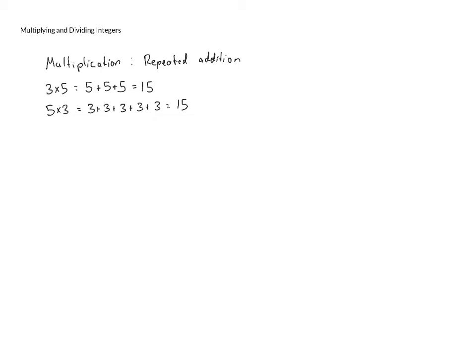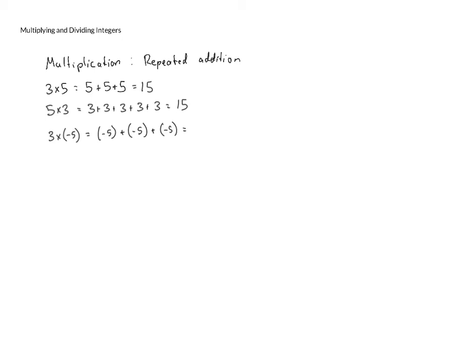Now what I want to do is use this definition to explore what happens when we have negative numbers. Let's look at 3 times negative 5. Here we have a positive times a negative. What this means is the number negative 5 being added 3 times. So this is negative 5 plus negative 5 plus negative 5.